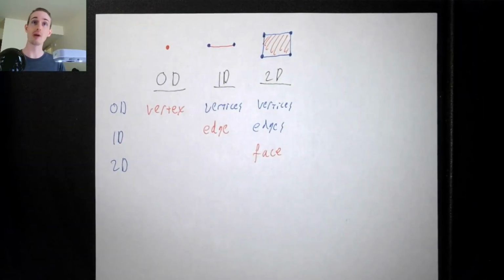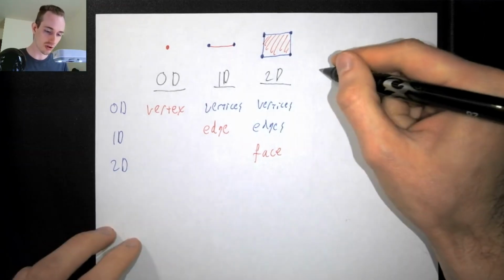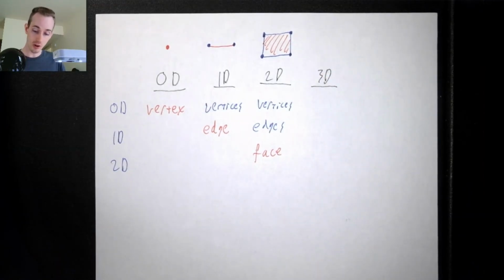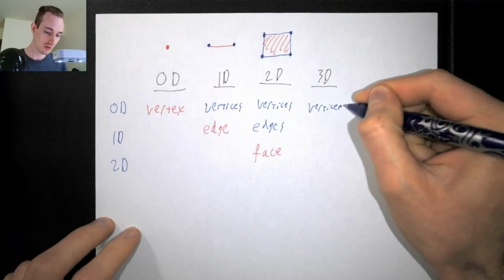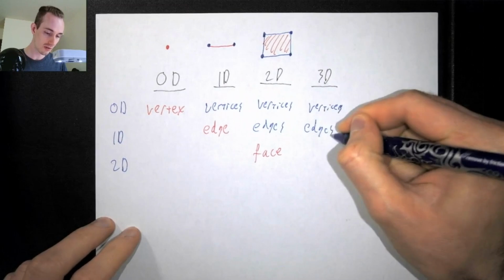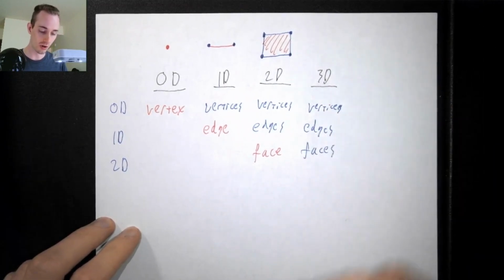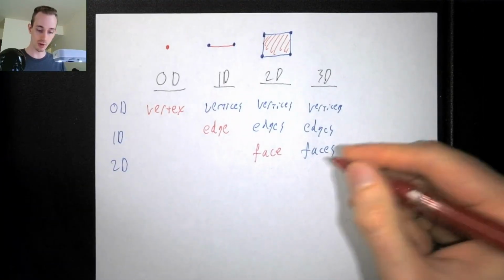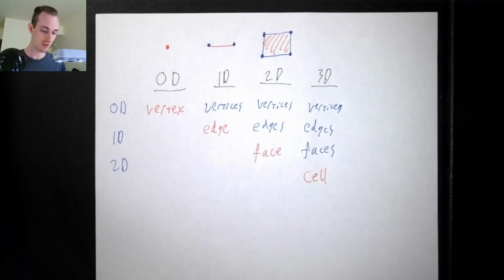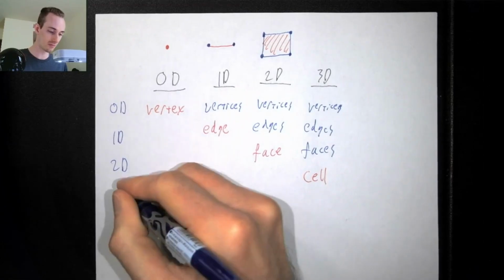I'm sure you can see the pattern by now. We can extend this to as many dimensions as we want. I'll do 3 dimensions just for fun. Based on the pattern, it would make sense that 3-dimensional objects have vertices, edges, and faces, plural. And then it's going to be made up of one 3-dimensional interior, which I'm going to call a cell, which is 3-dimensional.